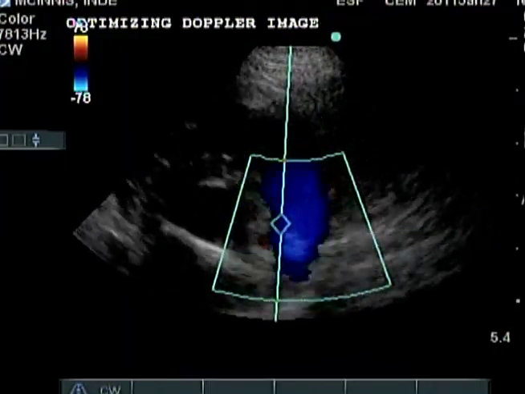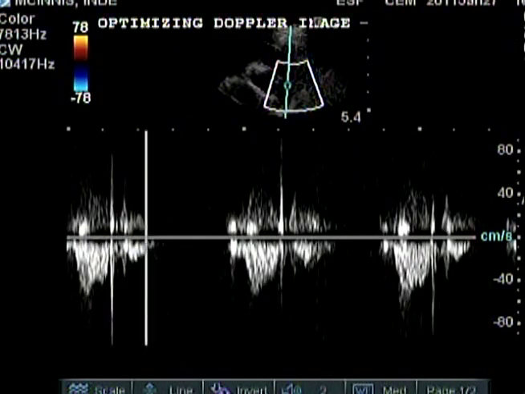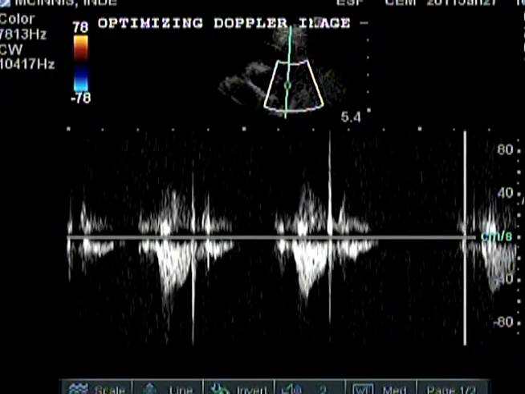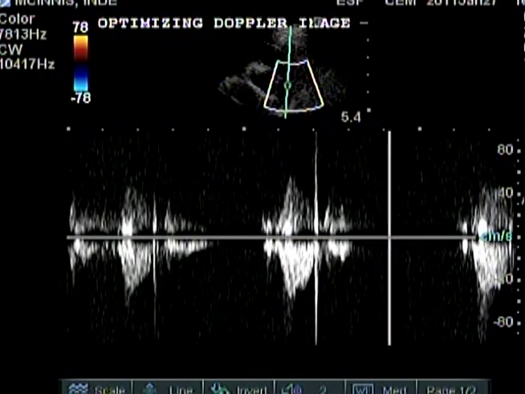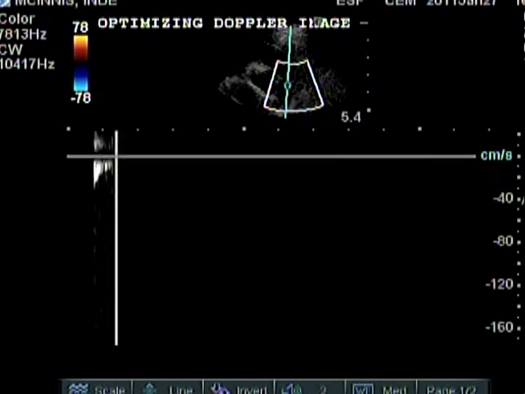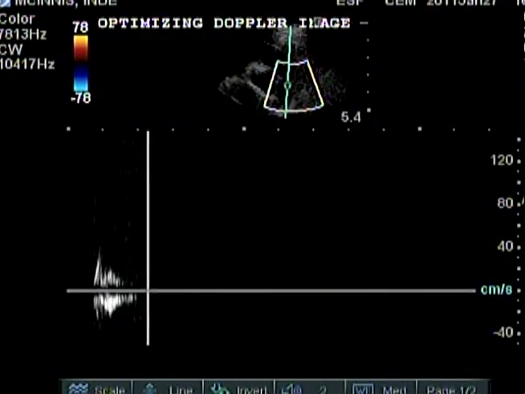When continuous wave Doppler is activated, Doppler gain is used to increase or decrease gain. If wraparound occurs, the baseline can be moved up or down to improve measurements.